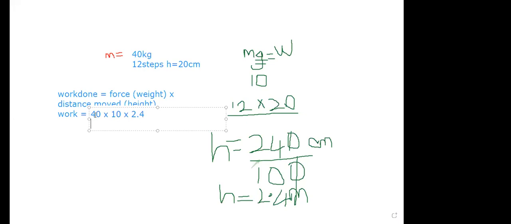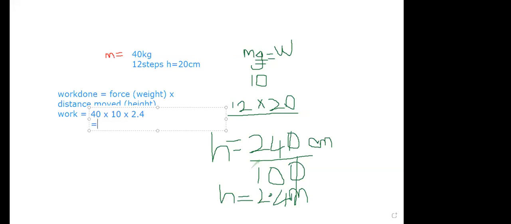So 40 times 10 times 2.4, we get our answer as, I think the answer will be 96. I've calculated well.